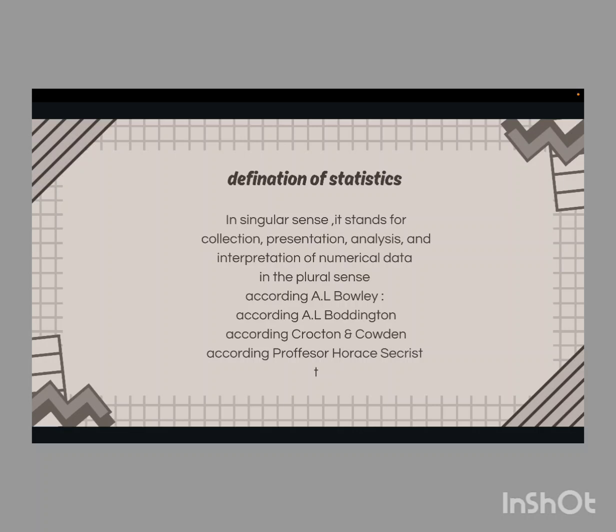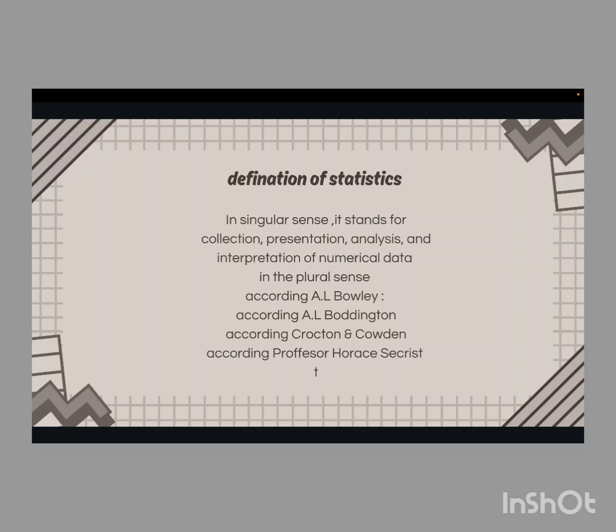One of them is A.L. Bowley. According to A.L. Bowley, statistics is the science of counting, or it is the science of averages. Then A.L. Boddington says that statistics is the science of estimates and probabilities. Croxton and Cowden say statistics is the science of collection, presentation, analysis, interpretation of numerical data.